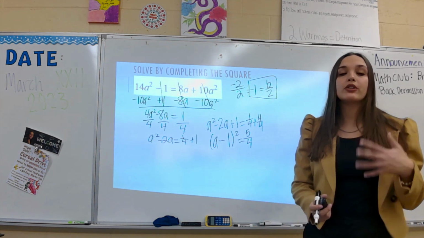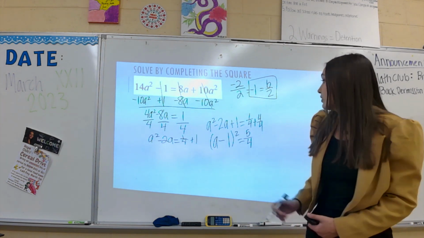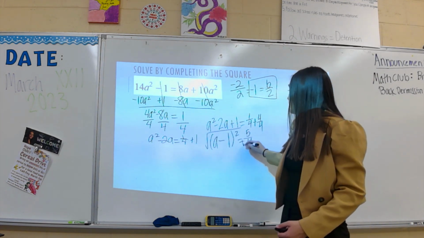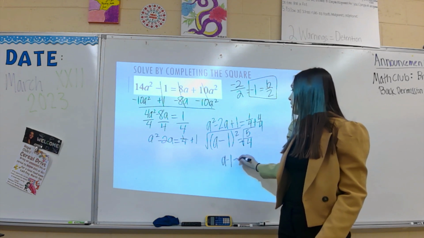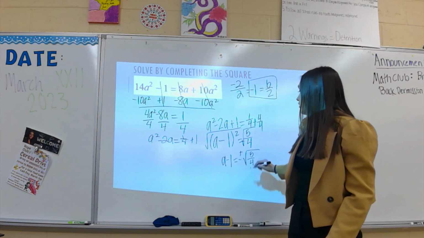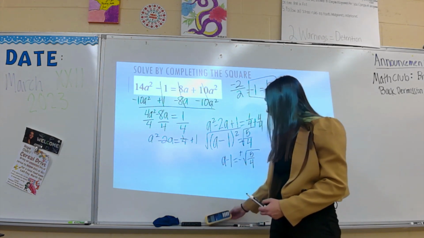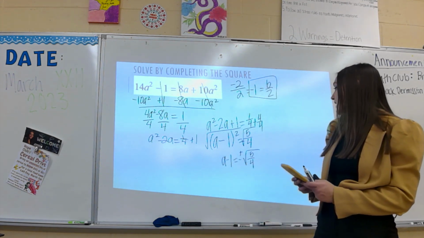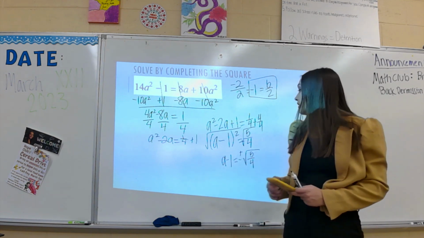Once we get here, once again, we're going to use our square roots. So I'm going to square root both sides, and I get a minus 1 equals plus or minus the square root of 5/4. We can put this as a decimal if we want. 5/4 is going to be 1.25.